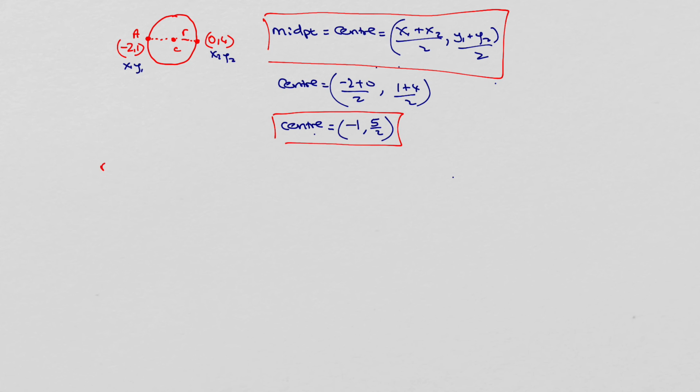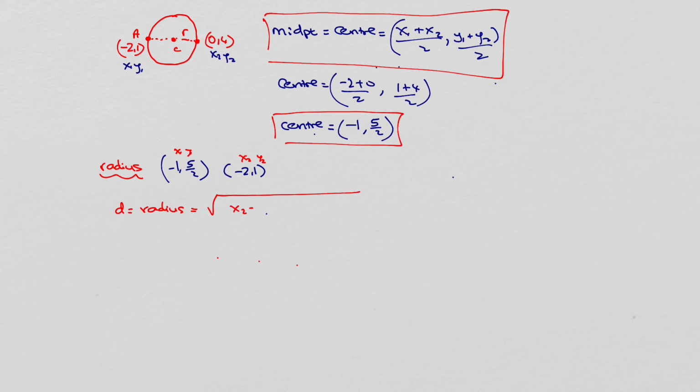And now the radius, well, you can either get the diameter and half it or get the radius. So I'm going to get the radius using my centre point, minus 1, 5 over 2, and using my end point A, which is minus 2, 1. And to get the radius, obviously, we're going to get the distance between these 2 points. So the distance will equal the radius. And my distance formula, page 18 of my maths tables, is x2 minus x1 squared plus y2 minus y1, oh, that should be a y1, squared.